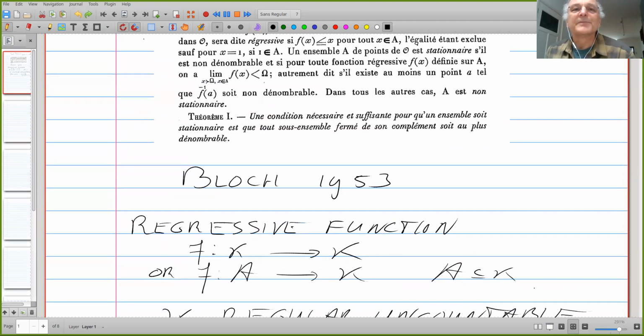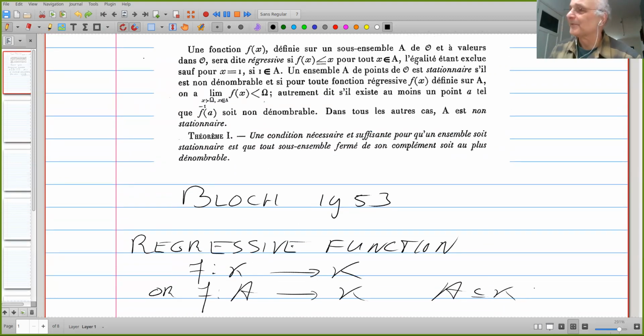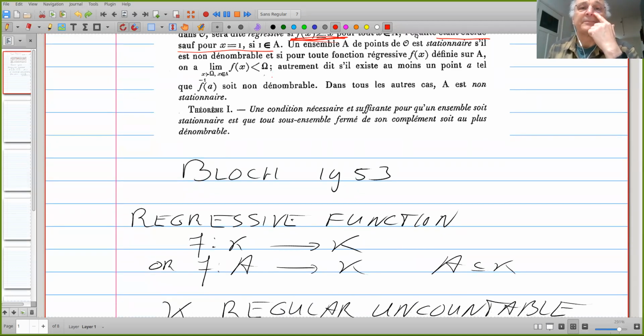And if you look at Bloch's formulation, it's kind of interesting. He says that the function is regressive if f of x is less than or equal to x for every x, but then he said equality is excluded for the minimum ordinal, and in Bloch's idea, the smallest ordinal is 1. There are people who thought that 0 didn't count as an ordinal in those days.